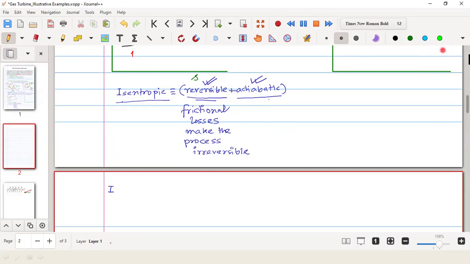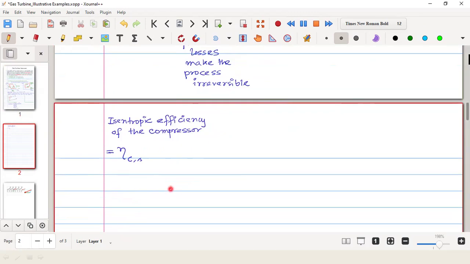Okay, sorry. So isentropic efficiency of compressor, we will give the symbol as eta C S. C means compressor, S means entropy.